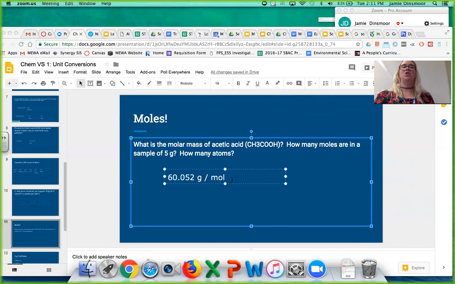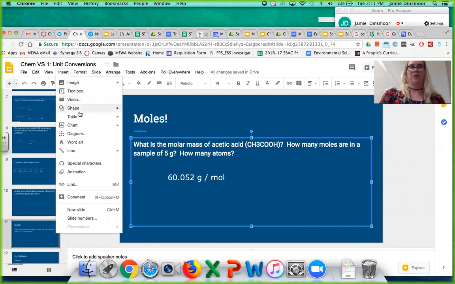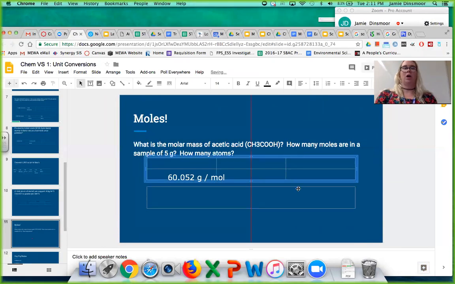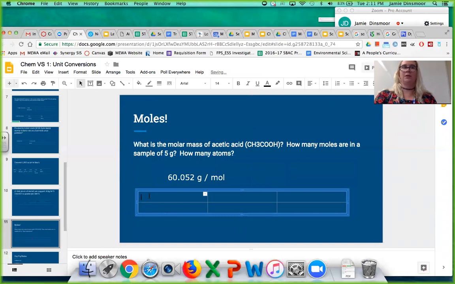So now we can use that to convert for our 5-gram sample. So we're going to do some dimensional analysis. I know you thought we were done with it. Never. So we're going to start with what we know, which is that we have 5 grams of acetic acid.